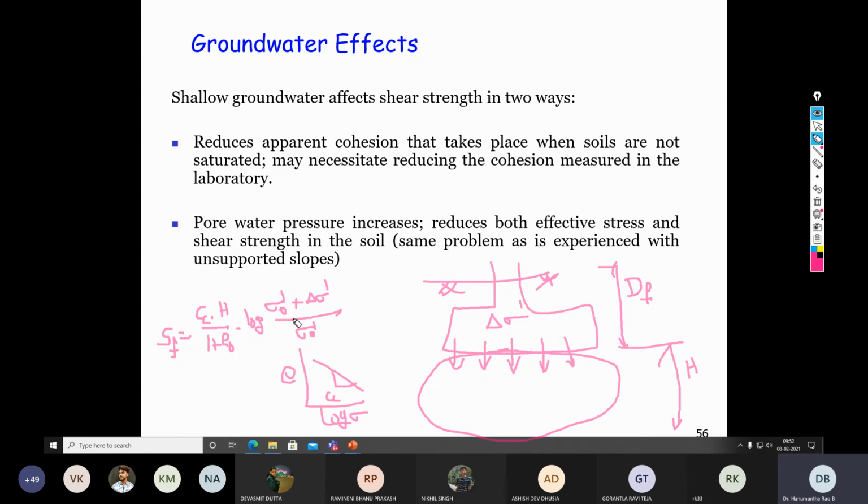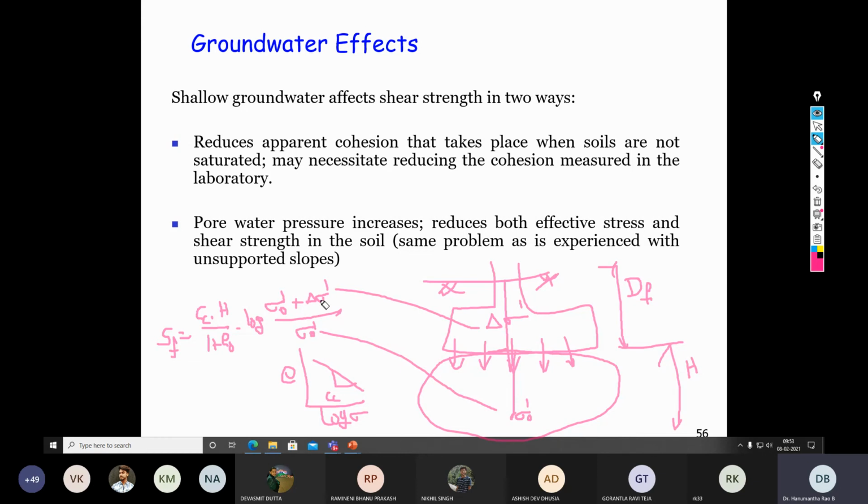And what is sigma naught dash? That is the initial effective overburden pressure, sigma naught dash. So this is in fact from the ground surface, not from the footing location. And your delta sigma is nothing but the increment in effective overburden pressure.